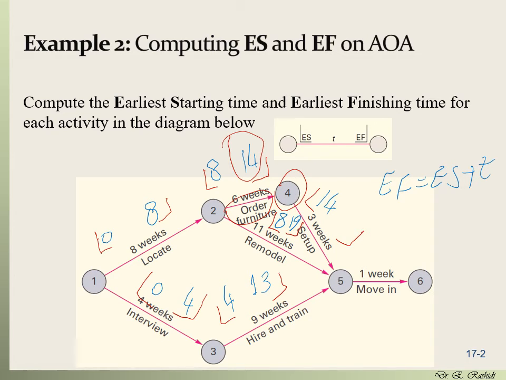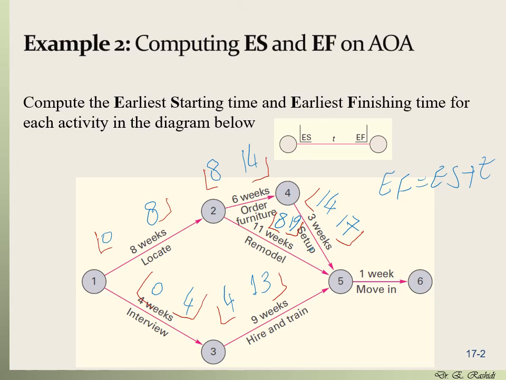And the earliest finish would be the earliest start plus the time that it takes to complete this, which is 3 weeks. So that's 14 plus 3, and that's 17. So I'm going to put 17 here.